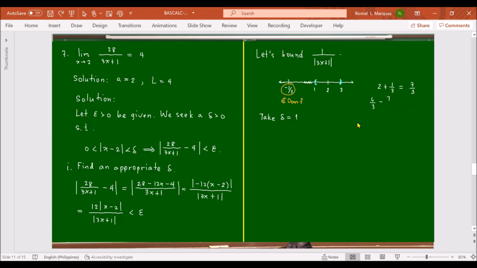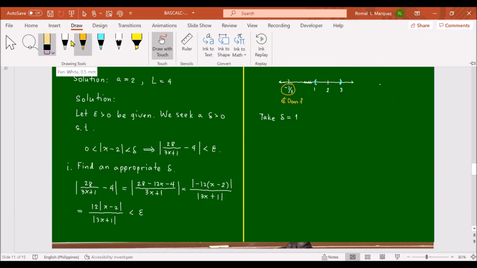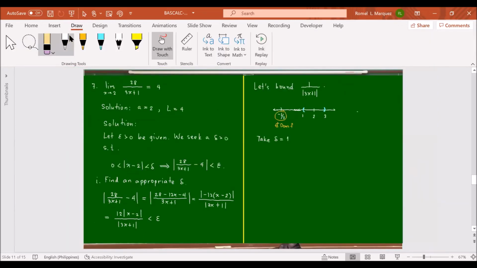Let's put that so that you know. If you do not want x equals 1, you want it more than that, you have so many options. But it's important that you are able to show that for the chosen delta, you will get the absolute value of f of x minus L to be less than epsilon. So you just try to find a delta that will work.